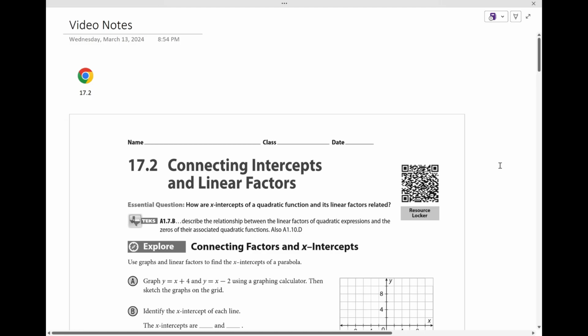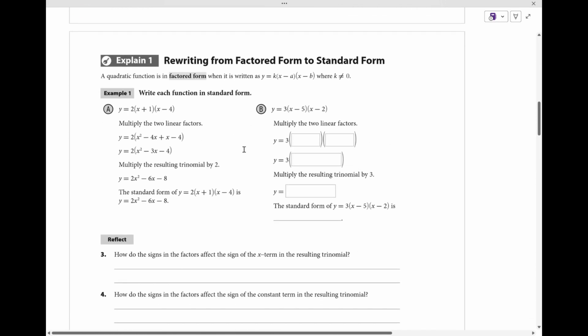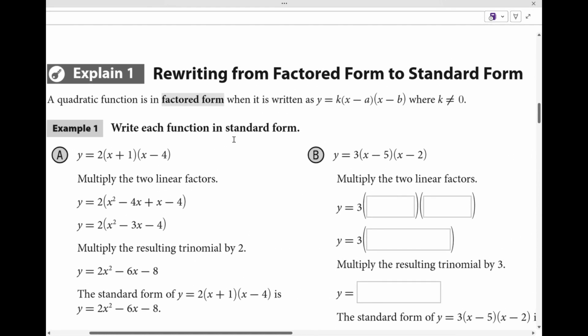Okay, now we're in the textbook, 17.2. And we're going to see how that connects to this lesson. So we're going to skip this first page, and we're going to go here. So a quadratic function is in factored form when it can be written like this. Y equals k times x minus a times x minus b, where k is not equal to 0.